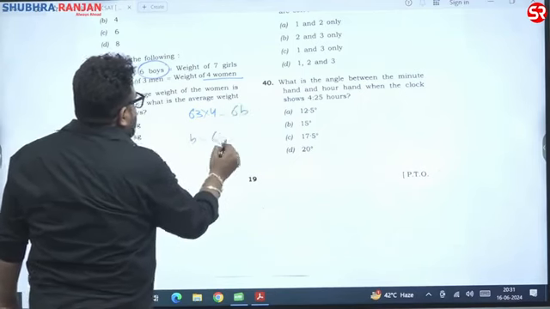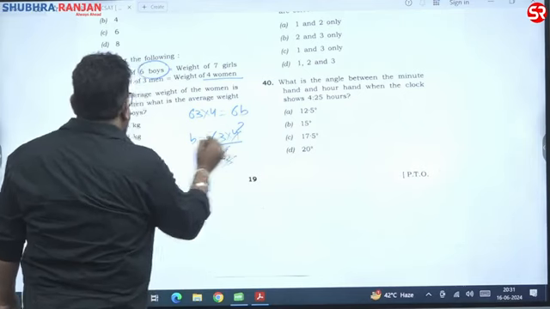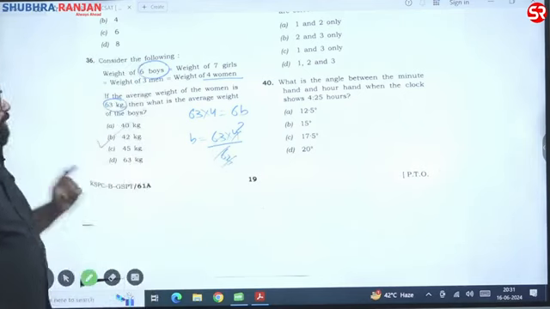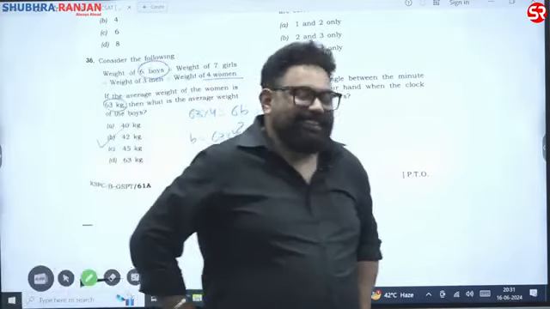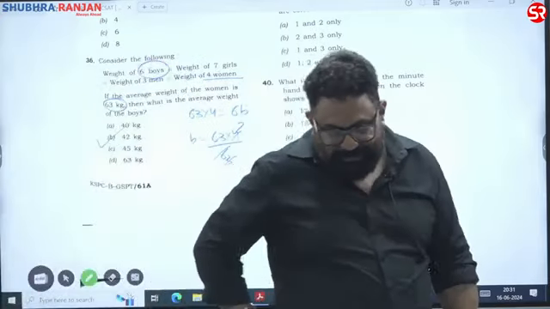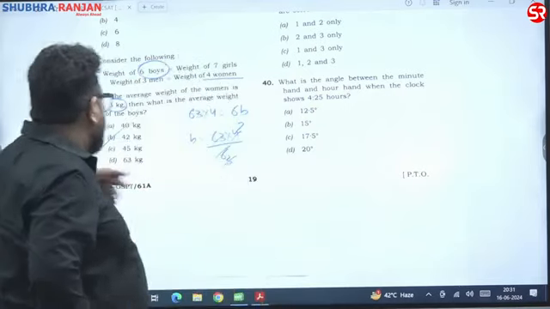So one boy would be 63 into 4 by 6. This is 2, this is 3, it is 42. Done. Easy. Right? So it is something you should have known, and I wish that this is something you should easily be able to do, right?